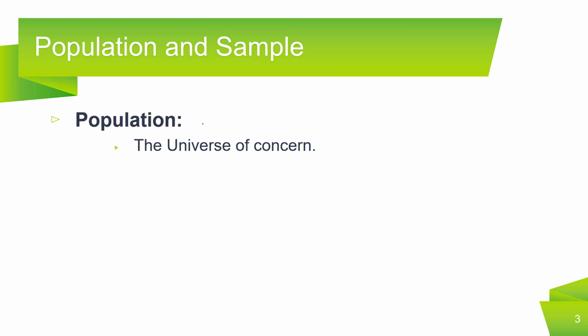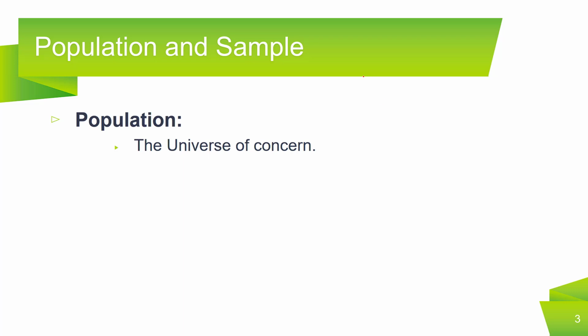So unlike the dictionary meaning of population, which states that the number of individuals living in a particular geographical area, in case of statistics, we use the word population in a broader way. We not only include human beings or living organisms, we also include items in population.